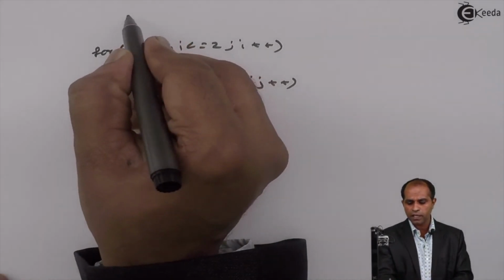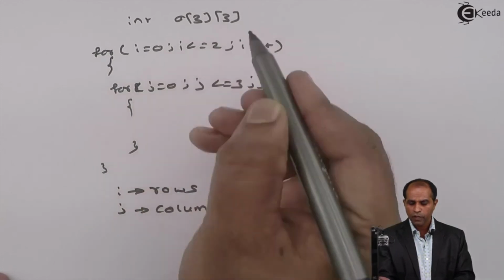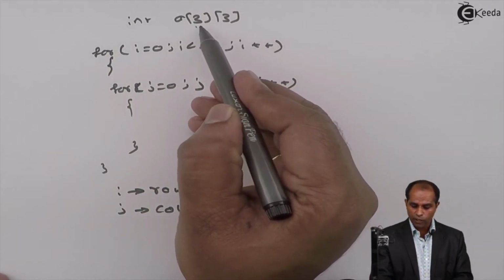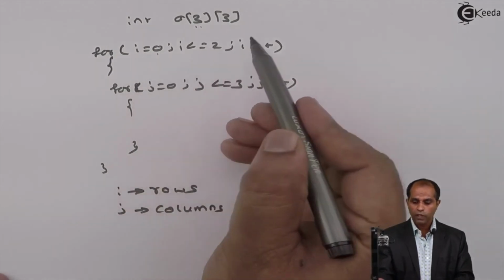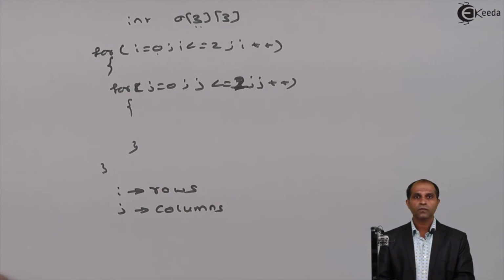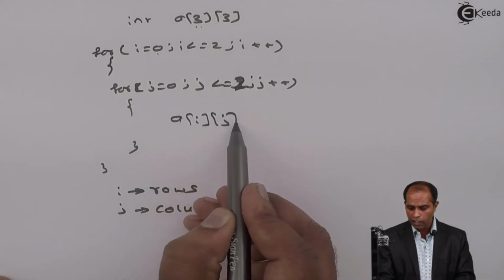Suppose I have a declaration int a of 3, 3, which means 3 rows and 3 columns, so rows 0 to 2 and columns 0 to 2. Now, if I say a of i j equals 0.